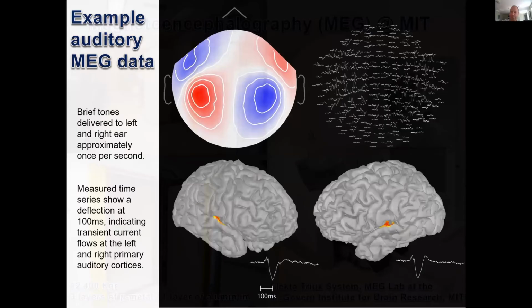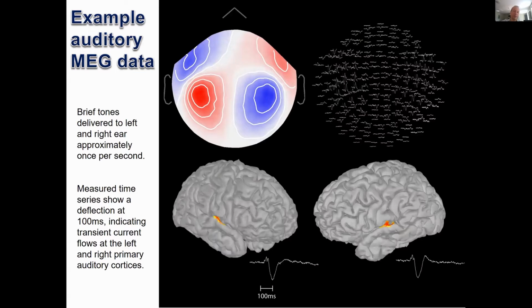It is easy to understand the power of this method by looking at some example data. Here we can see the pattern produced in the sensors in red and blue. Red is outgoing magnetic signals and blue is incoming magnetic signals to the human brain. This is a flattened helmet surface, in response to auditory stimulation multiple times in an experiment.